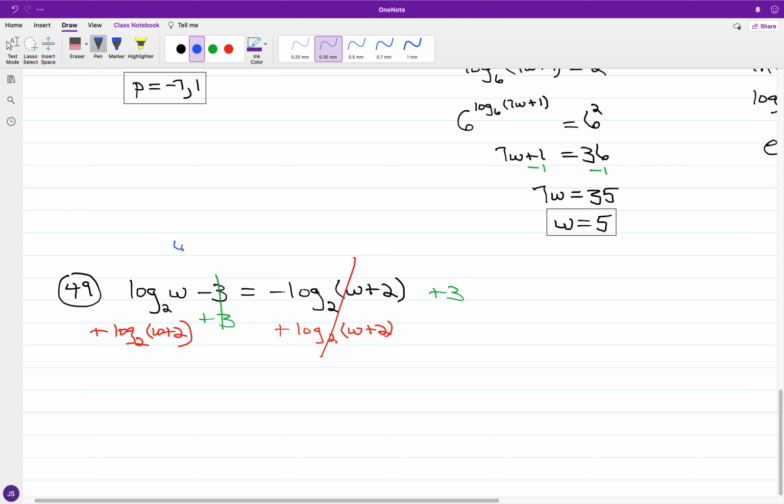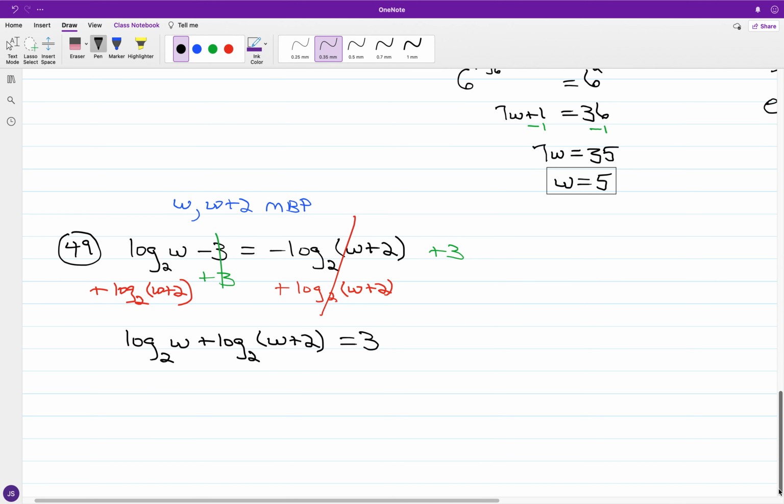And let me just mention, whatever I have for w, I want both w and w plus 2 to be positive. So in the rewrite, just swapping the base 2 logarithm of w plus 2 and 3, right now we have the base 2 logarithm of w plus the base 2 logarithm of the quantity w plus 2 is equal to 3.